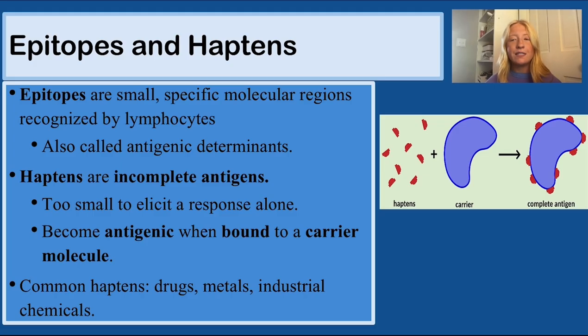These small molecules can't trigger an immune response by themselves, so they're incomplete, and they have to attach to a large carrier molecule like a serum protein, which becomes large and complex enough to be recognized as an antigen. This is why some drugs or chemicals can trigger allergic or immune reactions. They act as haptens, binding to proteins in the body and forming a complete antigen.